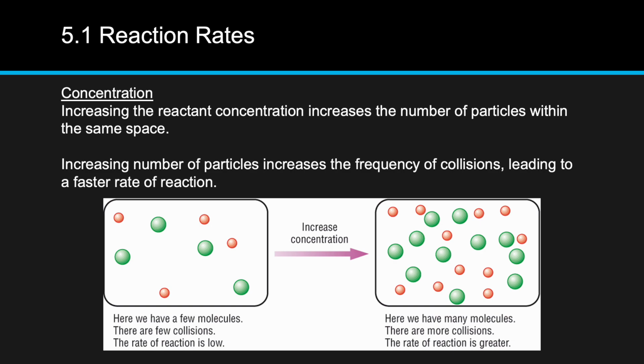When we increase that concentration, we have many more molecules in the same amount of space, which means they are more likely to collide and have a greater rate of reaction. When there are more particles present, you have more opportunities for collisions, and more collisions lead to more chances for successful reactions, and that increases your reaction rate.